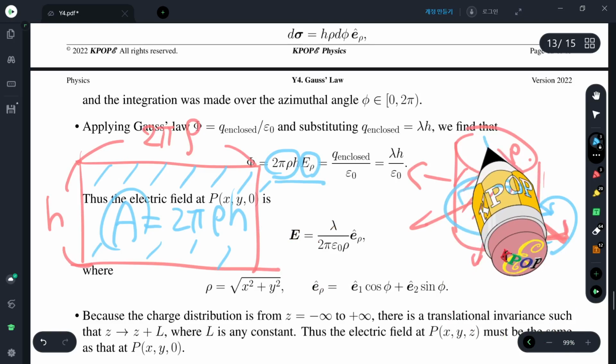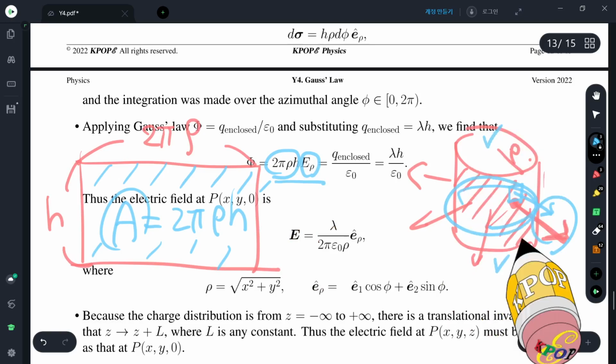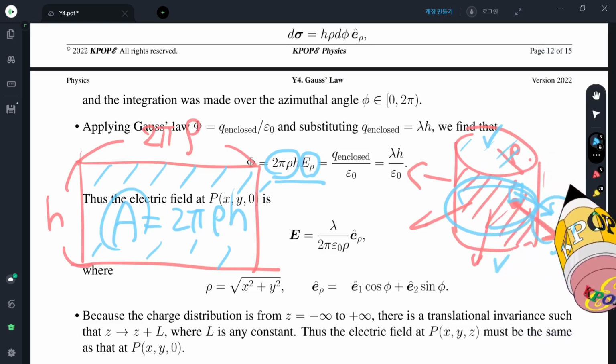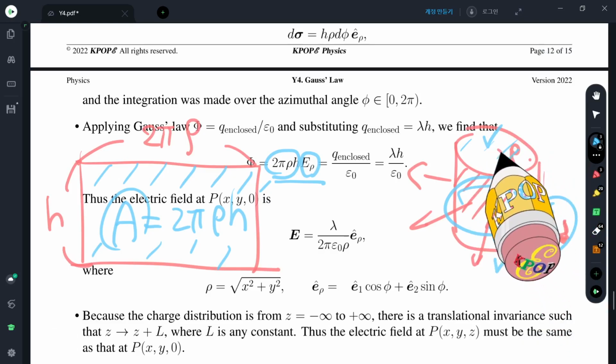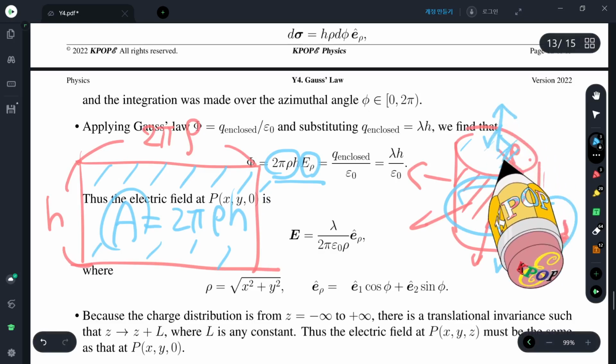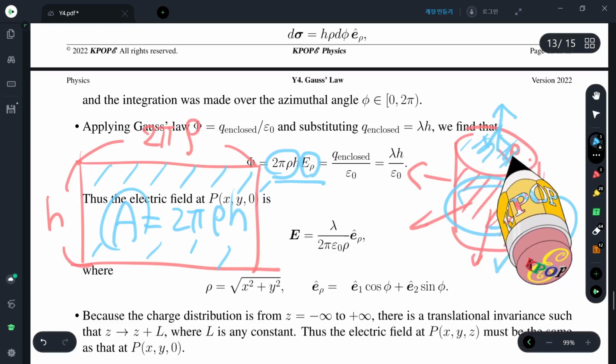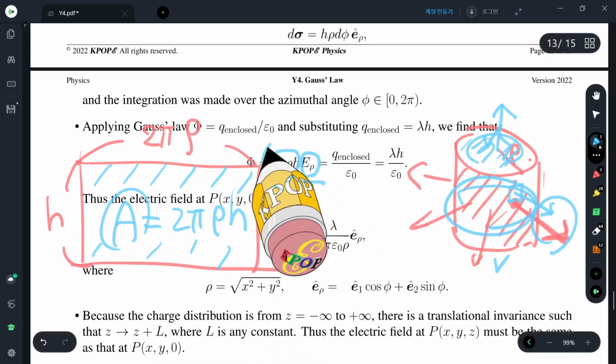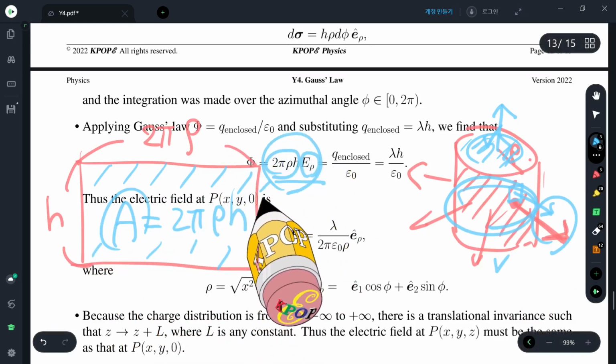And what happens to these two bases? It's zero because the electric field does not have a contribution normal to this plane. So what we have done is enough. This is the whole electric flux. And what is the flux?